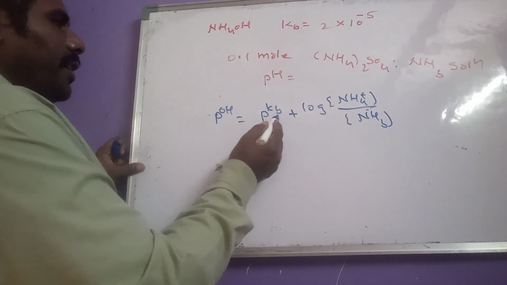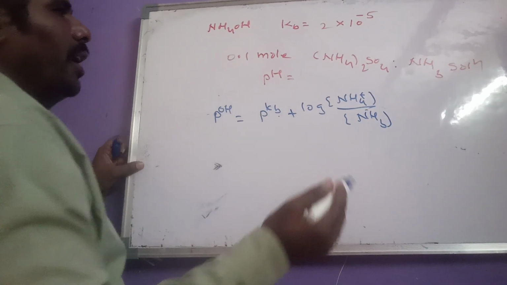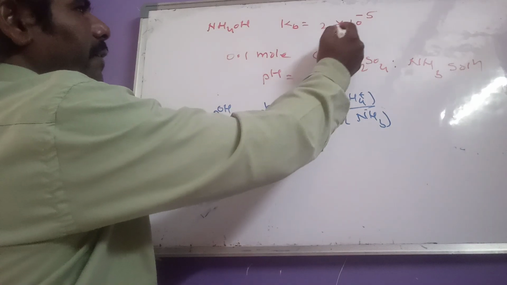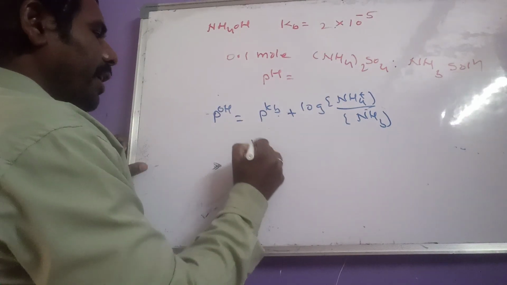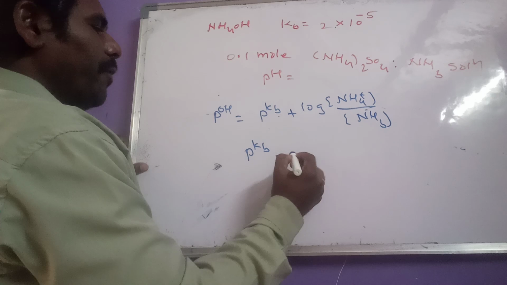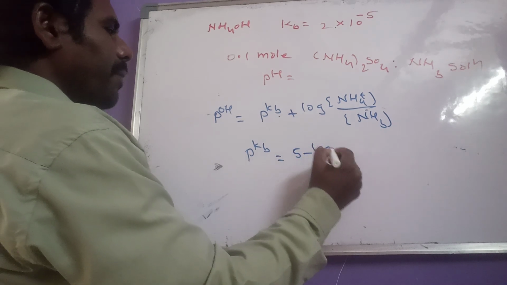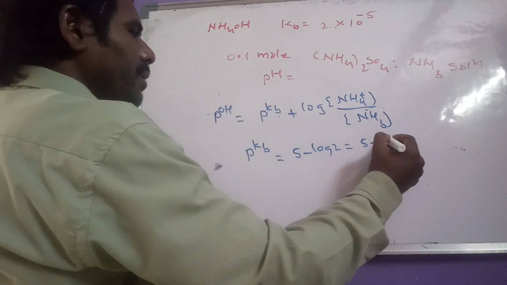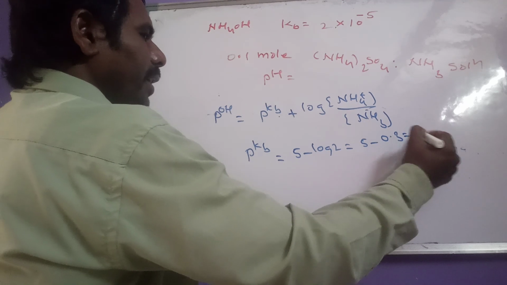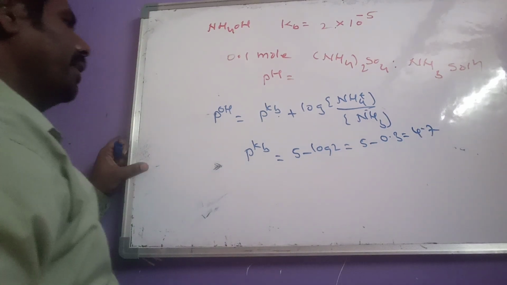Now first pKb we have to calculate. Here Kb is given as 2 into 10 power minus 5. Therefore pKb, one easy formula, 5 minus log 2, means 5 minus 0.3, so we get 4.7.